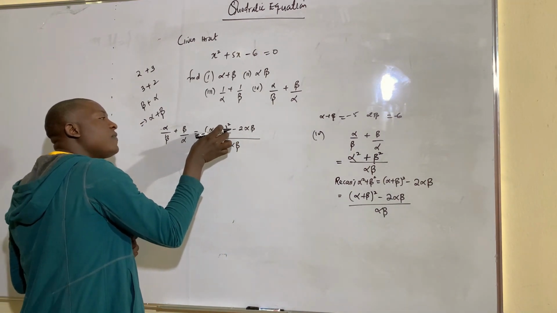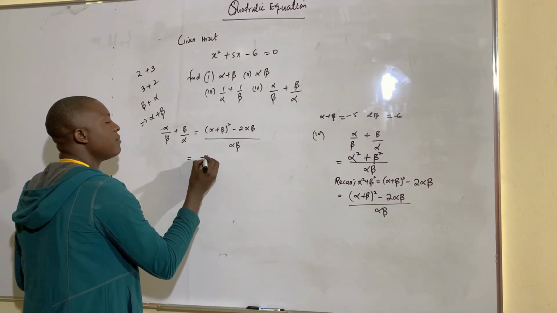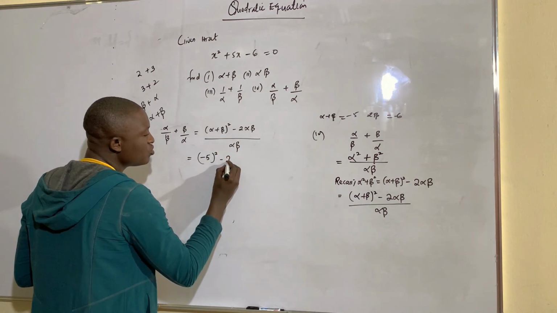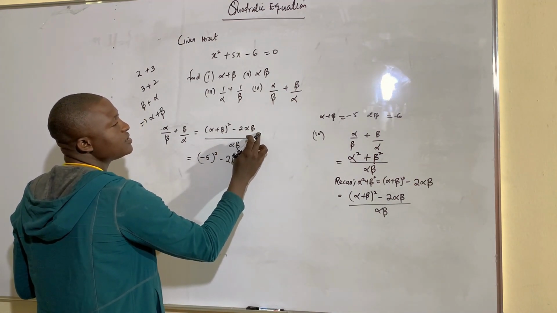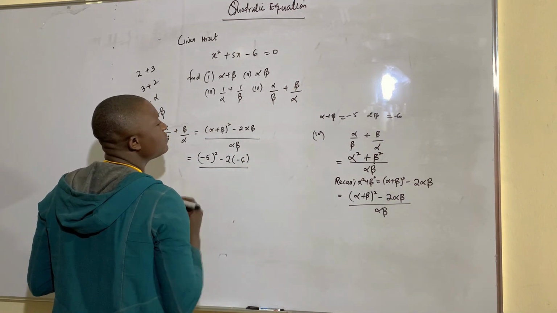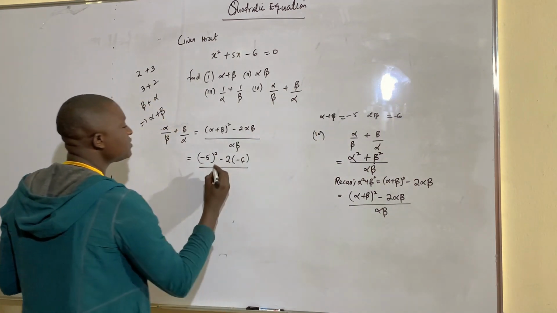Alpha plus beta is minus 5 here, so I substitute minus 5 squared minus 2 times my alpha beta, which is minus 6, all divided by alpha beta. So my alpha beta still remains as minus 6.